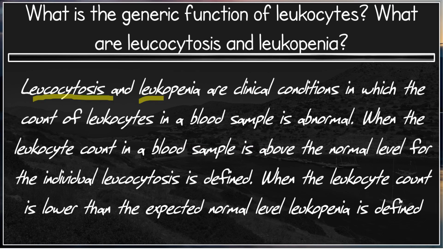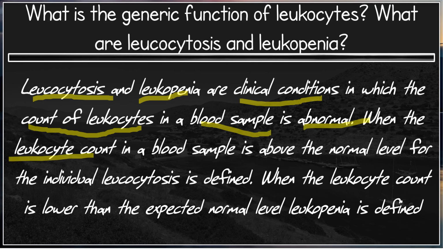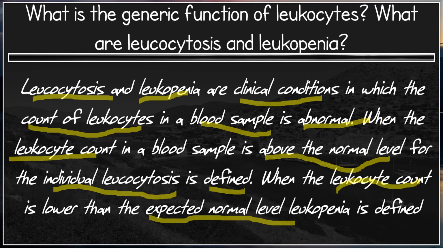Leukocytosis and leukopenia are clinical conditions in which the count of leukocytes in the blood sample is abnormal. When the leukocyte count in the blood sample is above the normal level for the individual, leukocytosis is defined. When the leukocyte count is lower than the expected normal level, leukopenia is defined.